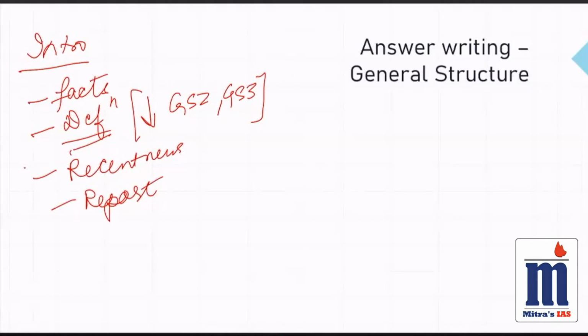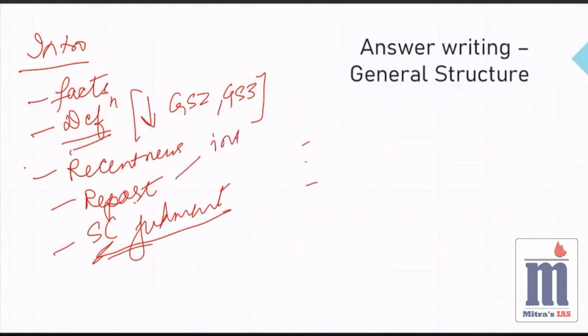And what else can you mention in the introduction? You can start with some SC judgment which was related to that particular question. Generally, SC judgments get utilized in the points or in the conclusion. Supreme Court judgments or reports could be international reports, CAG reports, some reputed reports.